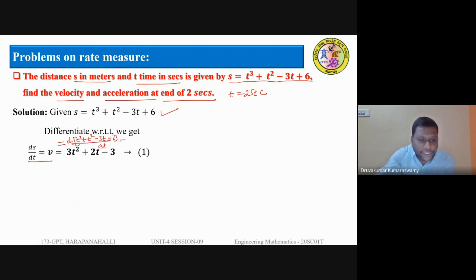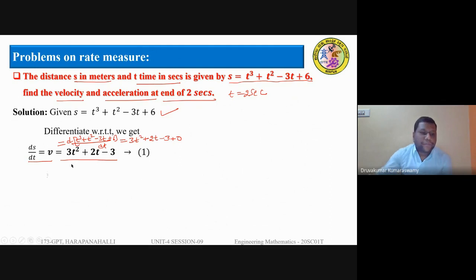Then what is differentiation of t cube? 3t square, plus what is differentiation of t square? 2t, minus differentiation of 3t is 3 and differentiation of 6 is 0. Okay, so therefore 3t square plus 2t minus 3 remains. That's what we have written here. ds by dt is equal to v, that is equal to 3t square plus 2t minus 3.